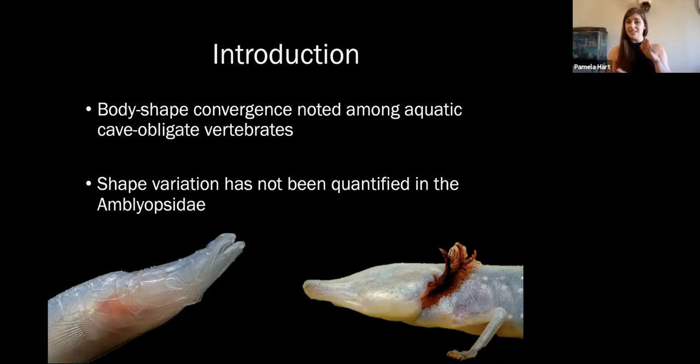You may notice this flattening of the head, and then they have duckbill-like snouts. This shape variation has been noted, but has rarely been quantified. And so being interested in convergence, I wanted to also look at morphological convergence in non-sister cavefishes using shape variation.